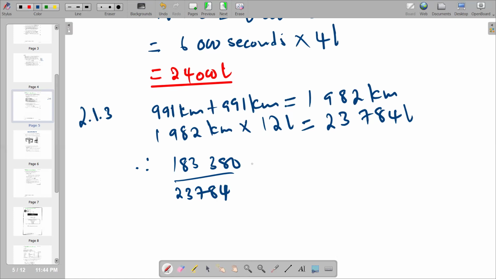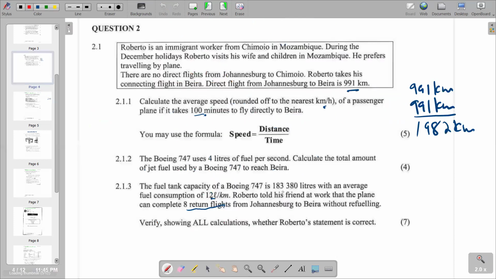These are liters and liters, so you see the number of return flights that can be made. We're going to get the answer 7.71. Now if you compare, our 7.71 is not equal to the 8 return flights that are being asked.